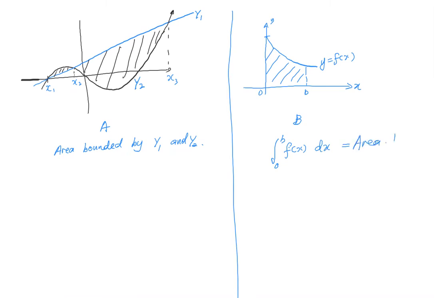This area B, how about this one? The area of the shaded region, how should I write? Is it the definite integral from x1 to x2 of y2 minus the definite integral from x1 to x2 of y1?